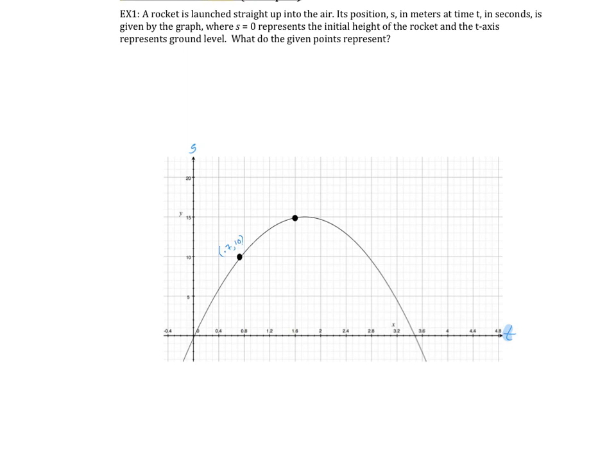And the other point is 1.6, comma 15. What the first point represents is that at 0.7 seconds, our rocket is 10 meters from the ground.